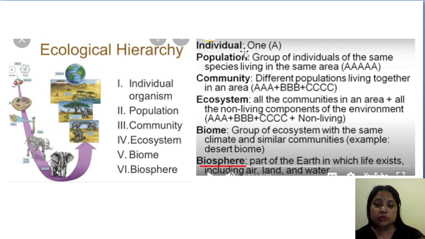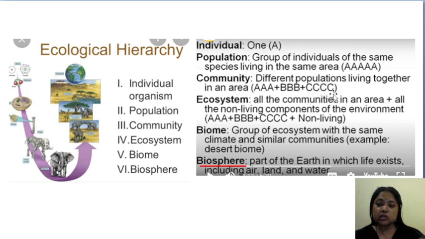How individual means one, it is written as A. So population means a group of individuals. Here you see it is written as 5 times A, a gathering of individuals. Okay, 5 individuals of the same species will give you a population. Then community: A, you see here. Suppose A is a population of one species. Then B is the population of a second species.